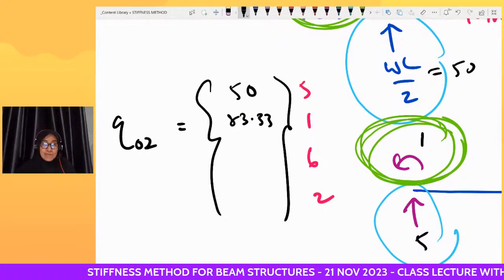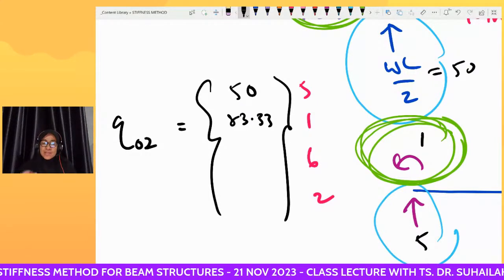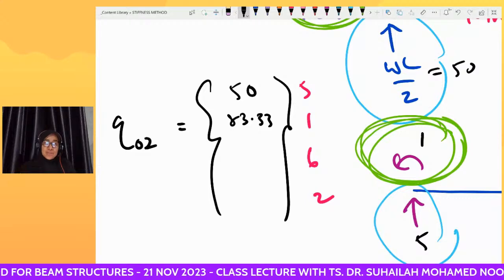It is positive because it has the same direction.